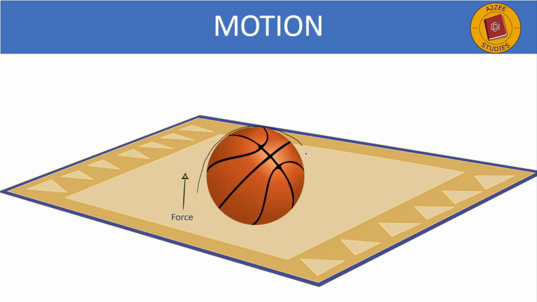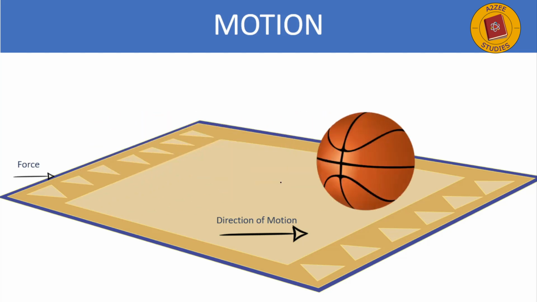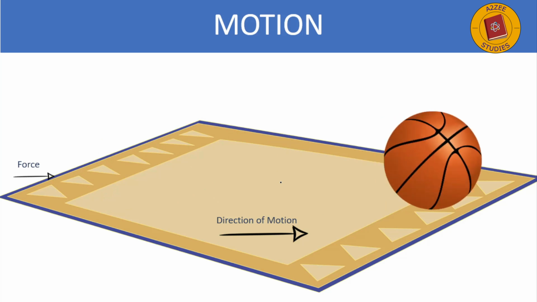The ball was just rotating. If we push a ball on the floor, we will see that the ball moves forward and also along with it the ball rotates. This is the perfect example of translatory plus rotational motion.